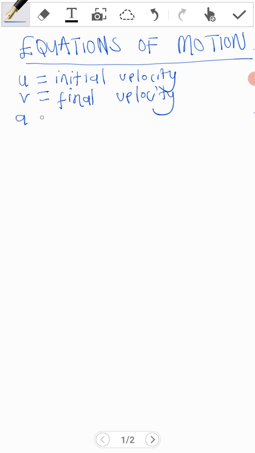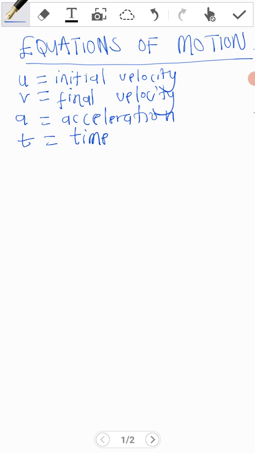Now, A is actually for acceleration, and T is for time. Okay, so knowing this means you are ready to go.